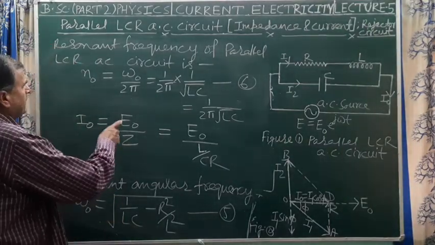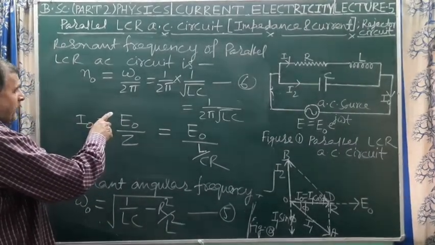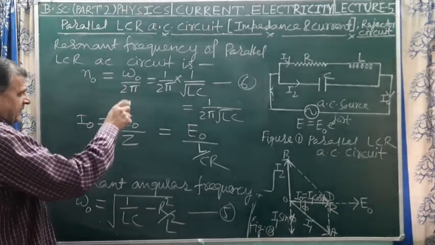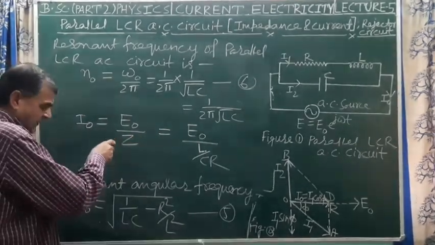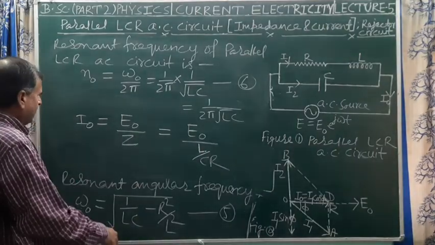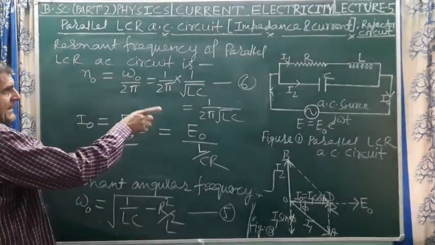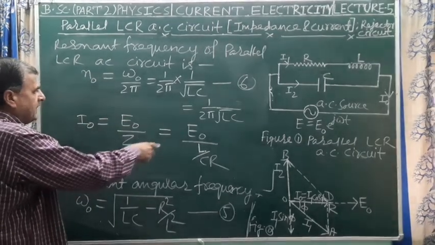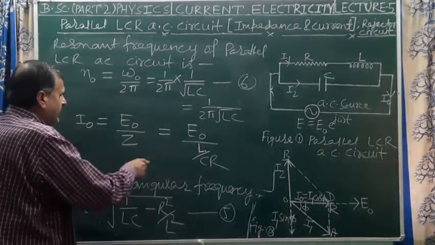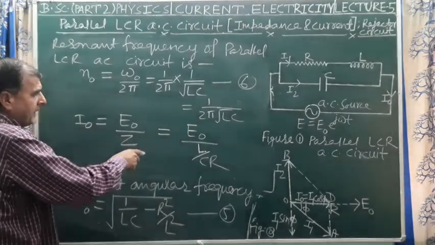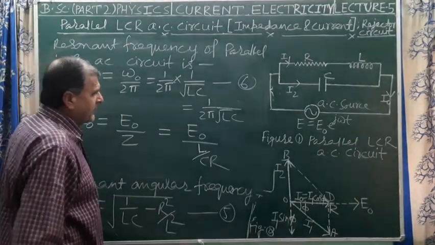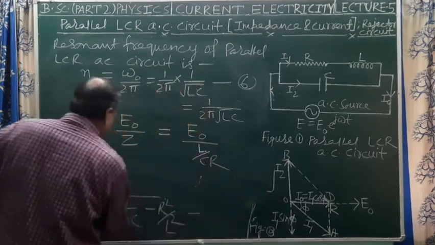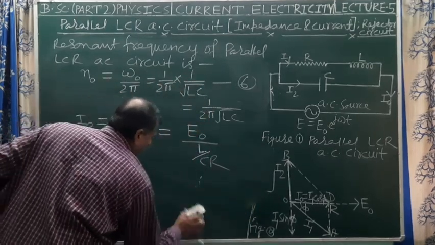So the formula for impedance in a parallel LCR AC circuit at resonance is Z is equal to L upon CR, and the source current I, which is also called makeup current, I naught is equal to E naught upon Z, that is E naught upon L upon CR, using the previous equation we have already discussed in this video.